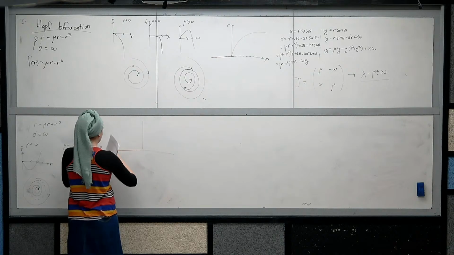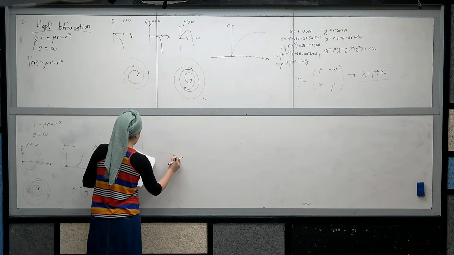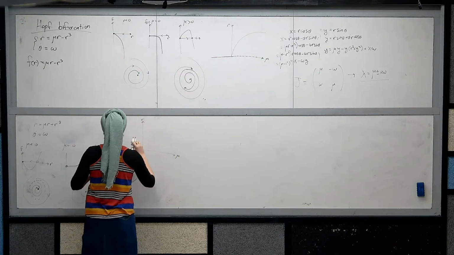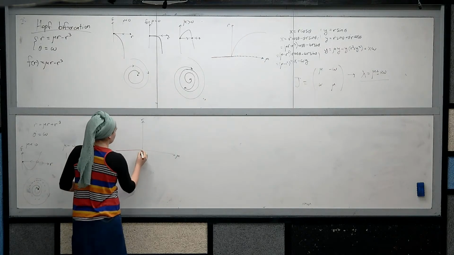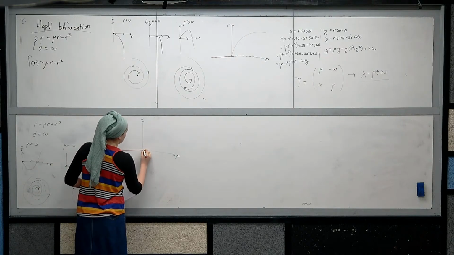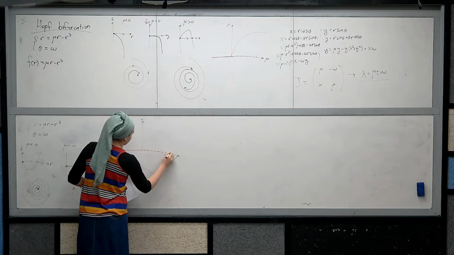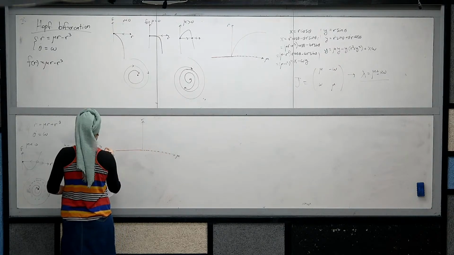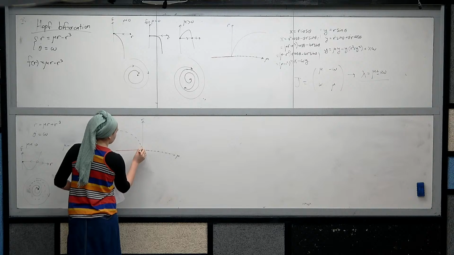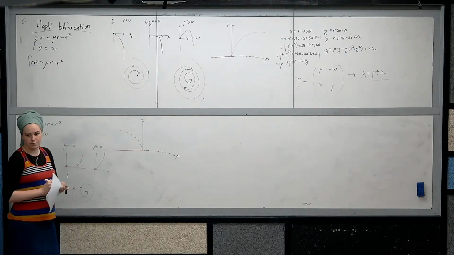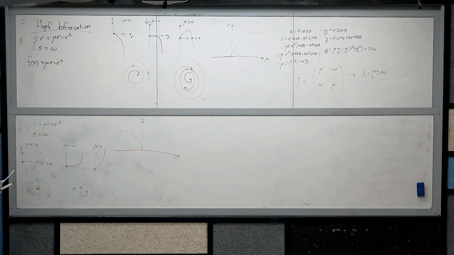We have mu and r. Where mu is lower than 0, r equals 0 is stable, and after that it becomes unstable, and we have the unstable r here.